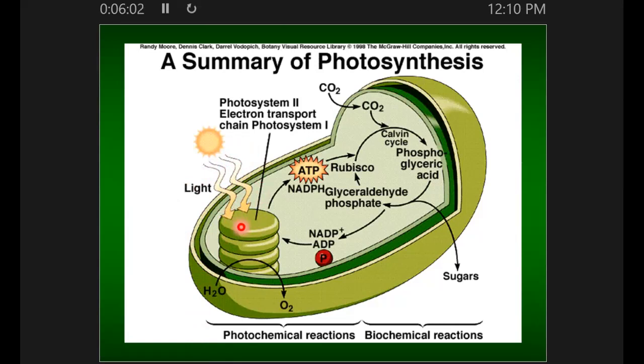Do you remember? Thylakoid. Right, so the thylakoid membrane is where the chlorophyll is embedded. The light energy is being absorbed by that wonderful chlorophyll. And you can see one of the payoffs is ATP. Another big payoff that we'll get into is NADPH. That's another big one, all right?